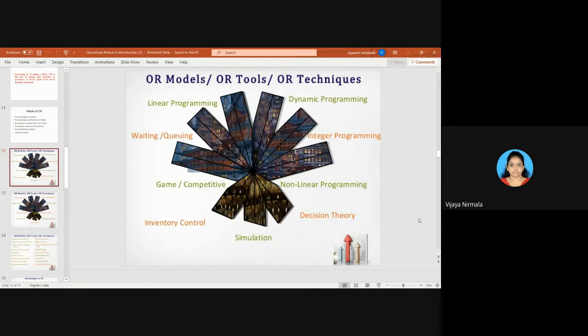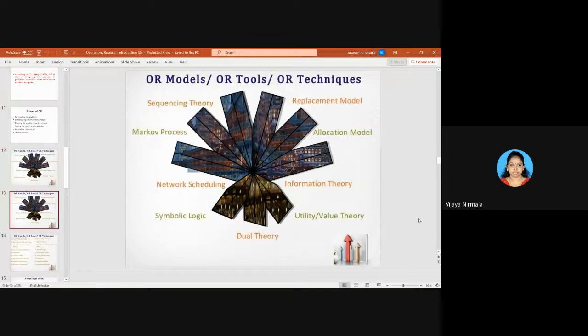Among these models in the first slide, there are also other models in the second slide: sequencing theory, Markov process, replacement model, allocation model, network scheduling, information theory, symbolic logic, utility or value theory, and dual theory.